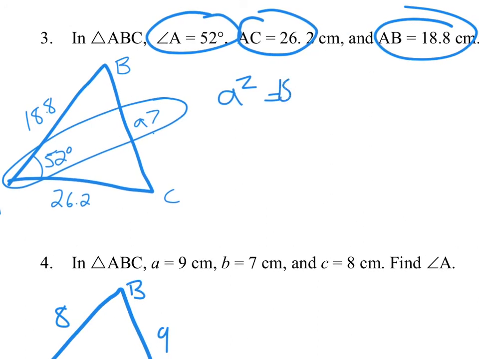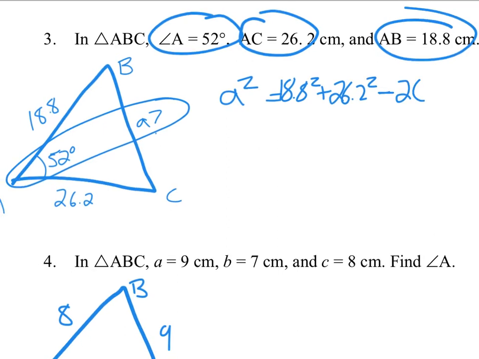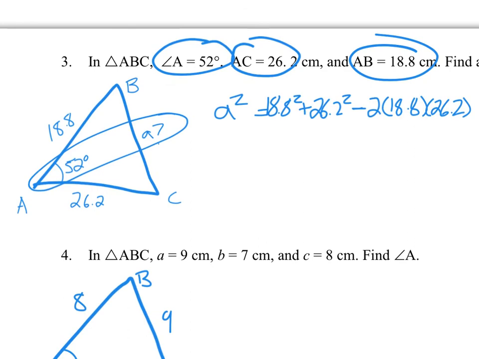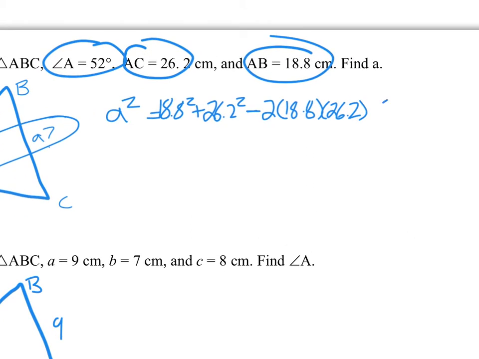So this 18.8 squared, add it to the 26.2 squared, minus 2 multiplied by 18.8, the 26.2, and then what's important at the end is that cos 52.